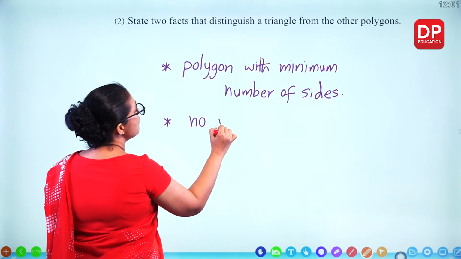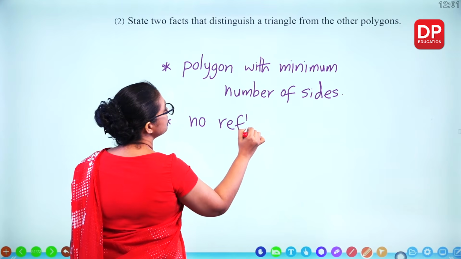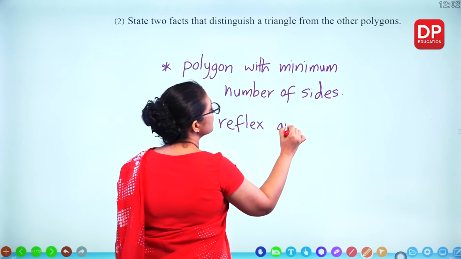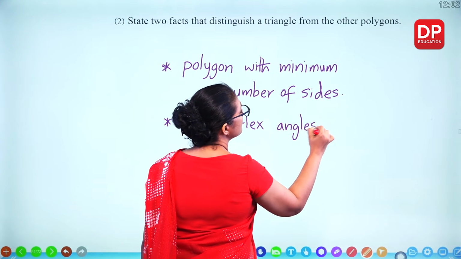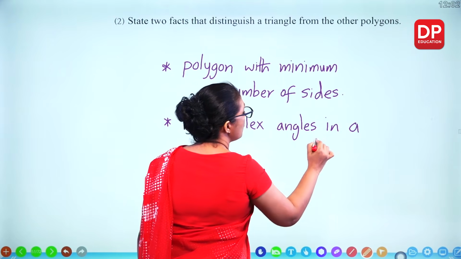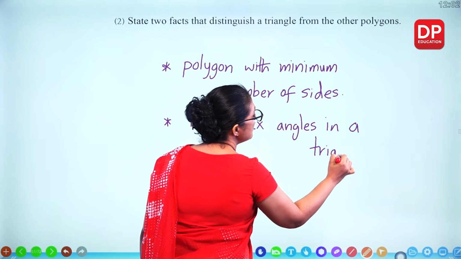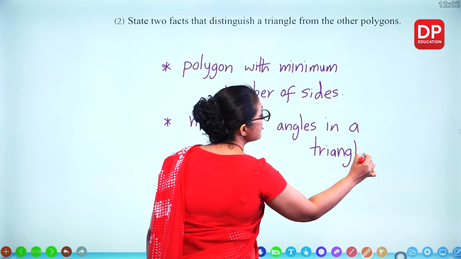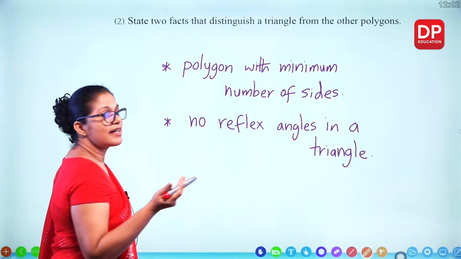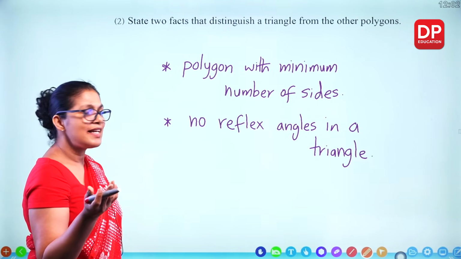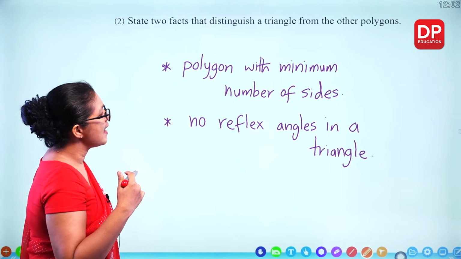No reflex angles in a triangle. Why? The sum of angles in a triangle is 180. So you can't get more than 180 angles. So no reflex angles in a triangle.